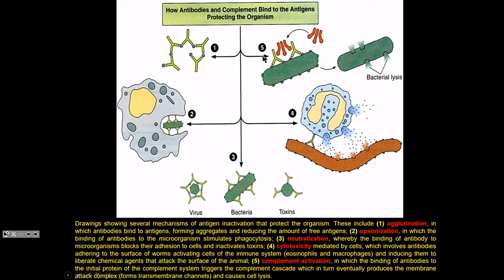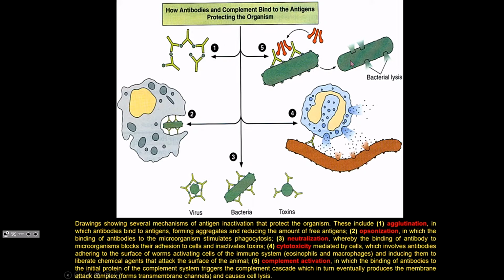So in the blood there's a series of proteins called the complement cascade, and in this case the binding of the antibodies to the initial component of the complement cascade initiates the cascade, whereupon the complement cascade will produce a complex including a transmembrane channel attack protein, which can then rupture, in this case, the bacteria and destroy them.